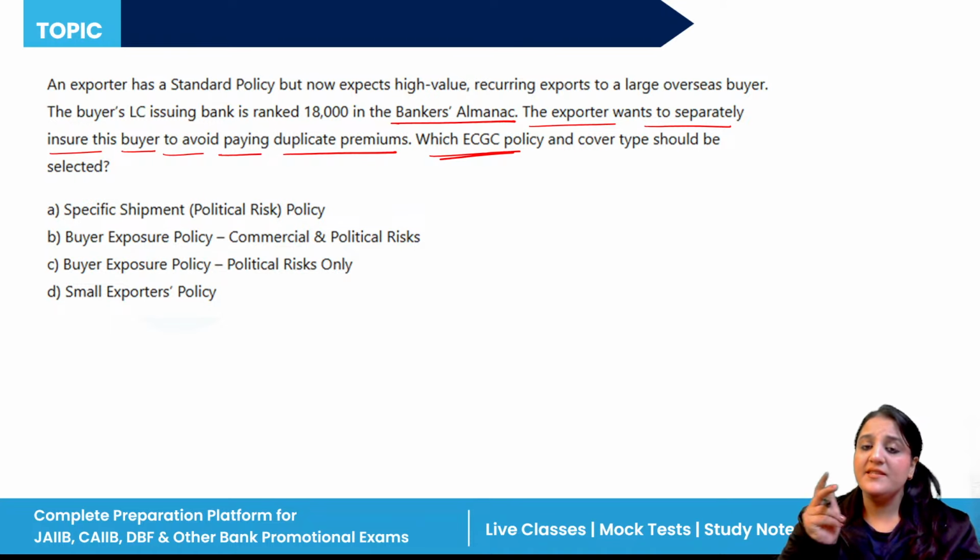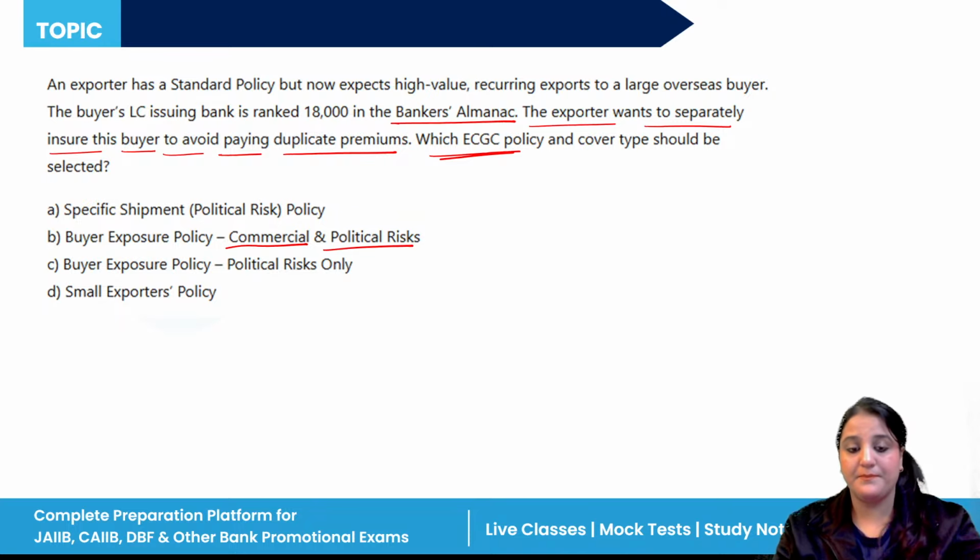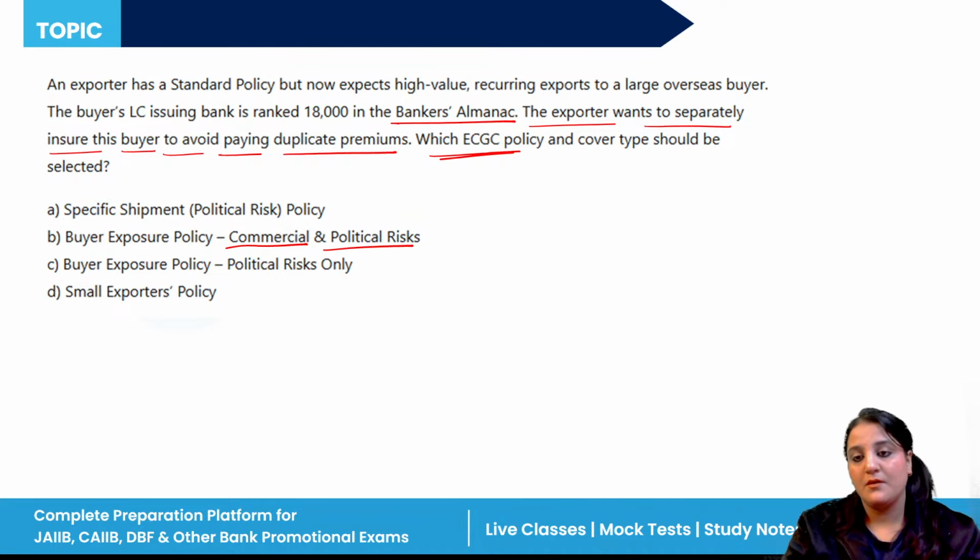So we can say the standard policy excludes this buyer to avoid any double coverage premium. So buyer exposure policy, commercial and political risk, both. Political because here the exporter wants to cover LC based transactions only at a lower premium. Yeah, option B. Great.